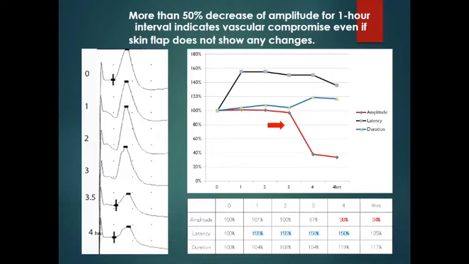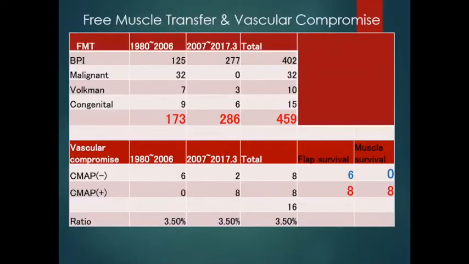By monitoring the CMAP, a decrease of more than 50% in amplitude indicates vascular compromise, even if the skin flap does not show any changes. Using CMAP monitoring, we succeeded in salvaging all 8 vascular compromised flaps.